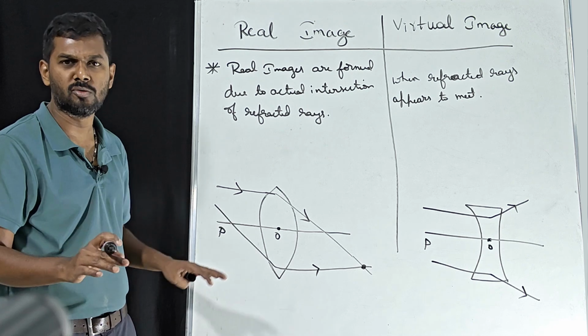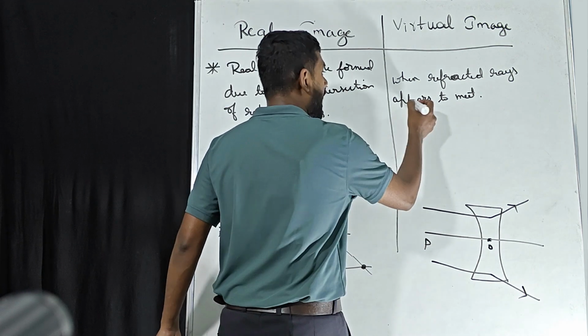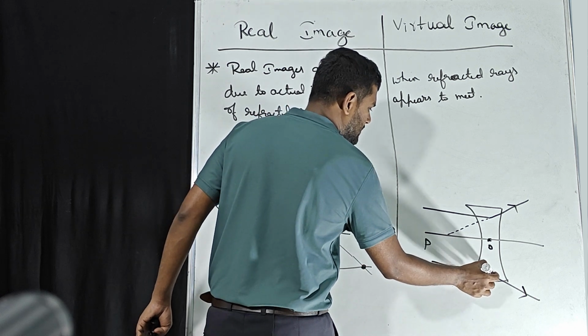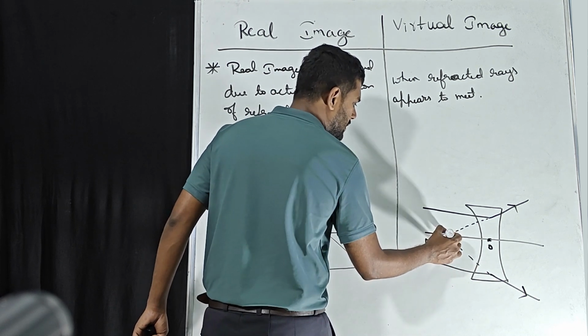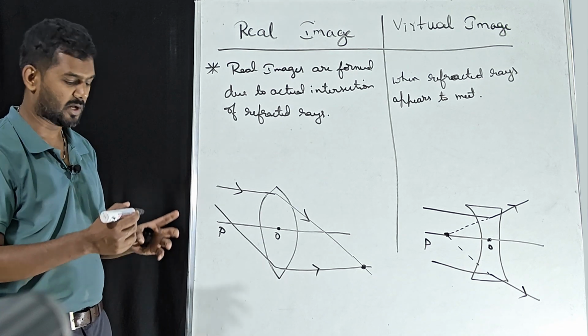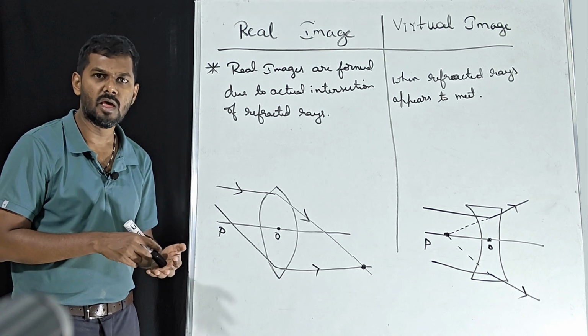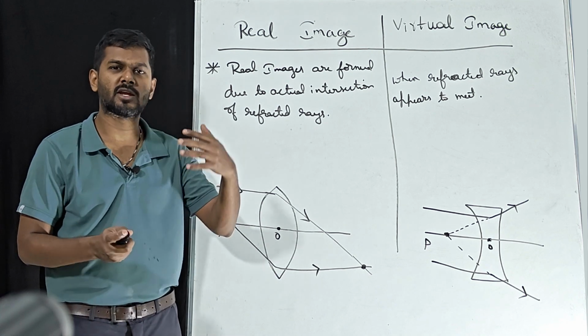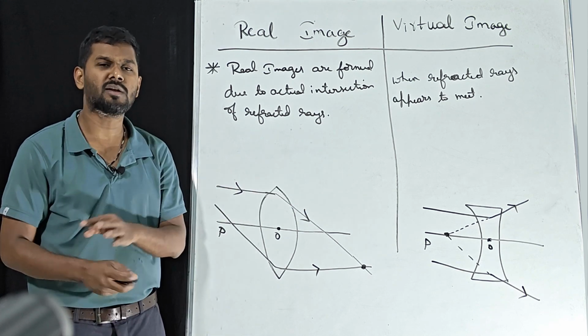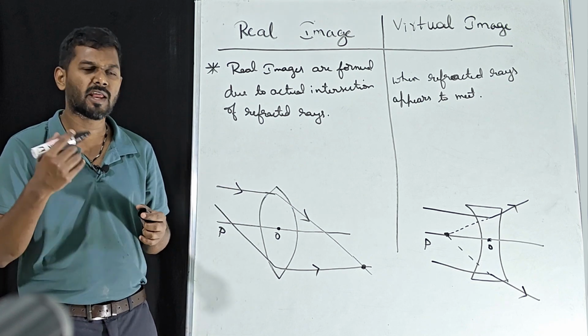So they are never going to meet. What did I tell? It appears to meet. So if you extend these lines backward, wherever they are going to meet, there we are going to get the virtual image. Actually virtual image is not real, so just to make sure we are getting some kind of image which is not real, that is nothing but virtual image.